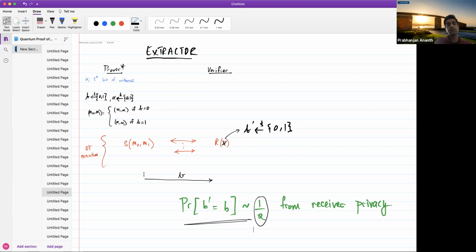In this case, let's say the prover always sets B equals B prime. Oh, because B isn't released until after B prime. You don't commit to B ahead of time or something. Well, it's sort of implicitly committed to, because M0, M1 contains some information about B, right? Sure. So you don't want the prover to choose its B based on B prime, right? Right, I see, okay. Yeah. So that's why you need the statistical receiver privacy property.